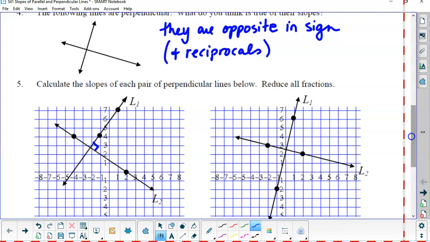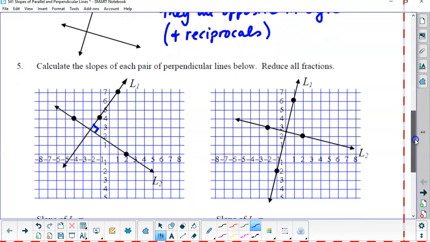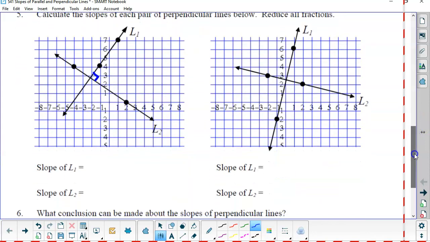So here, in L1, there's space for it. L1, look for 2 of the points. We've plotted them for you. So up 3, to the right 2.